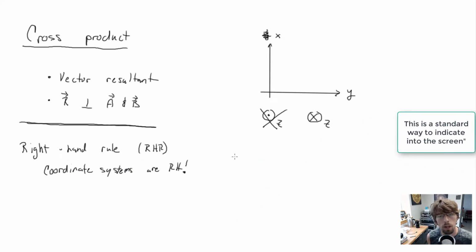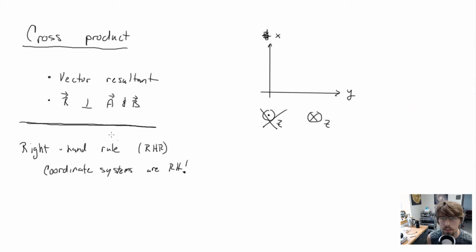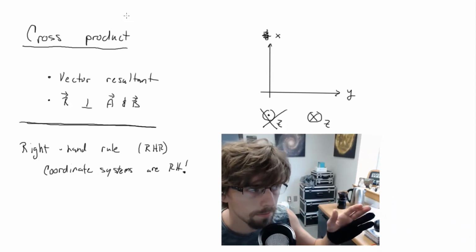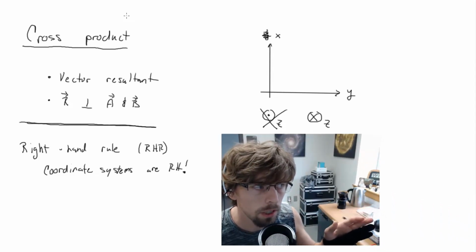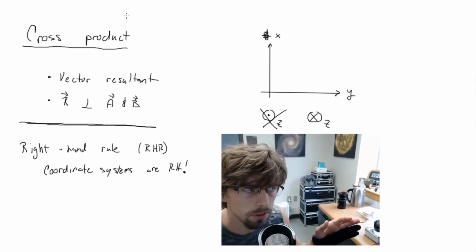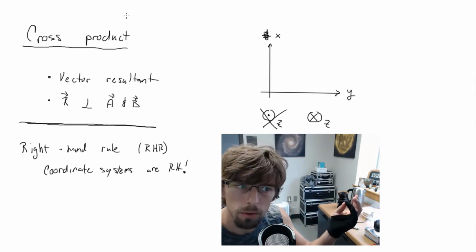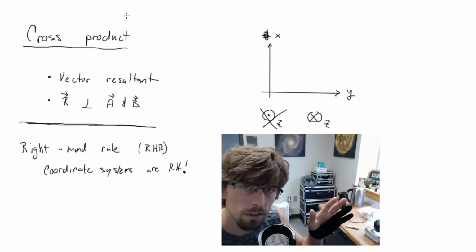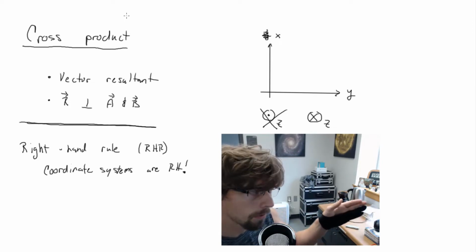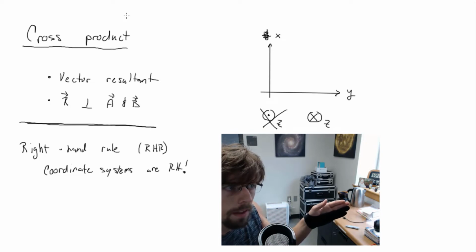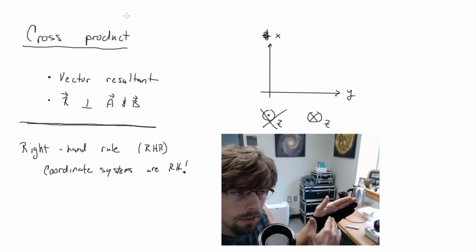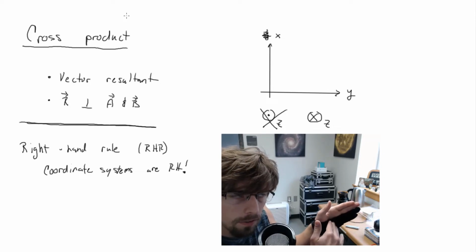You say, well, how do I do that so quickly? Let's talk about the right-hand rule, and I'm going to use the video camera here. For the right-hand rule, the vector that comes first is what we represent with our fingers. So point your fingers in the direction of the first vector. Then we turn our palm in the direction of the second vector.